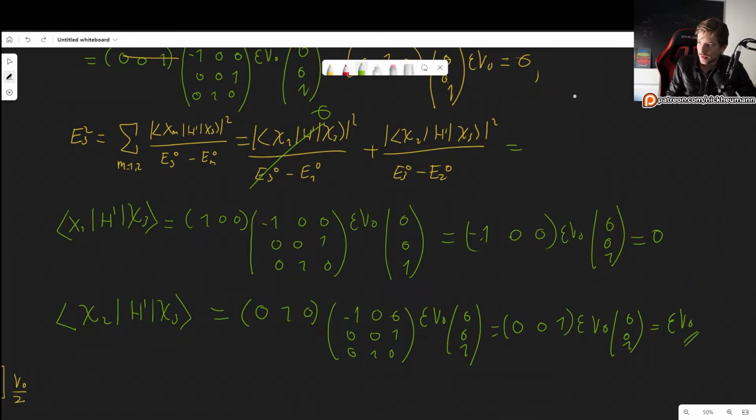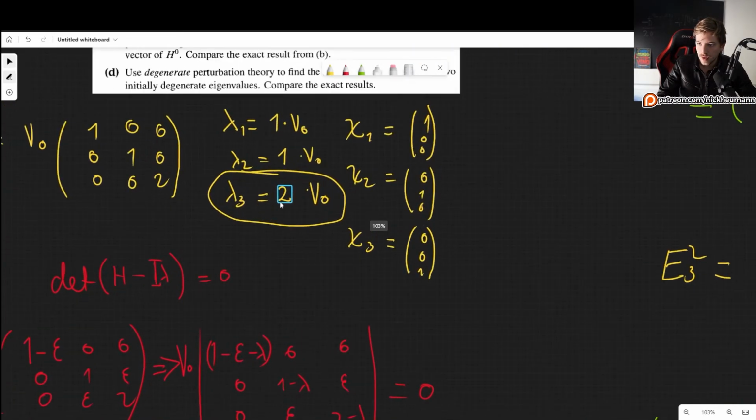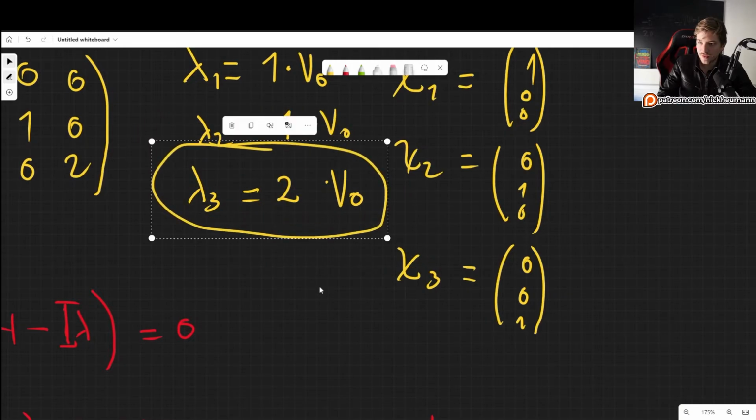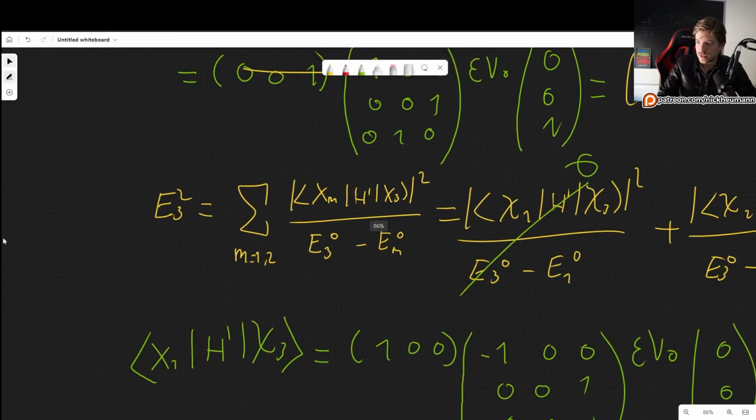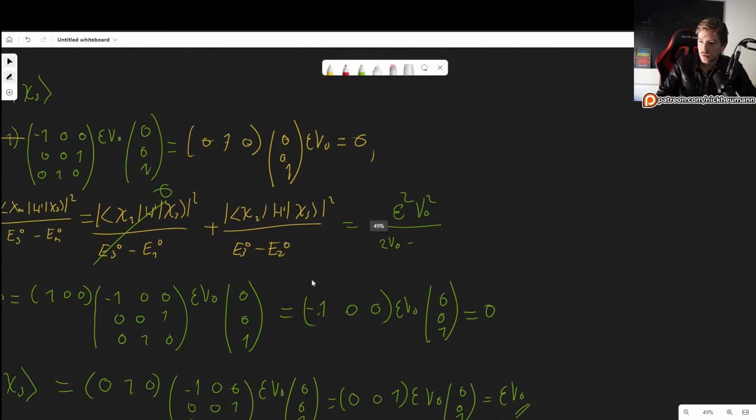So we have to square this: epsilon squared V0 squared divided by E3. What is the unperturbed energy of the third state? It is simply this eigenvalue right there, so it is 2V0. How do we know that?